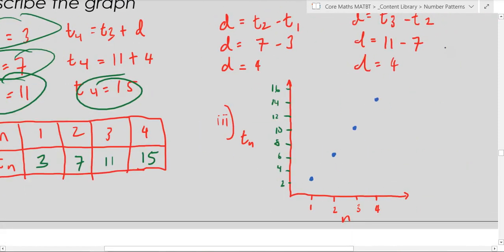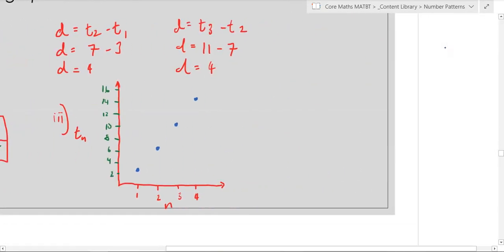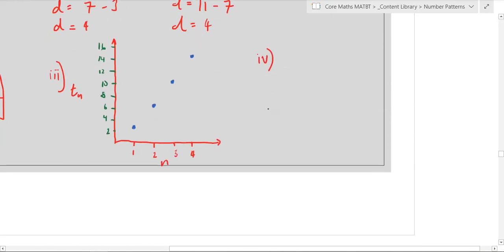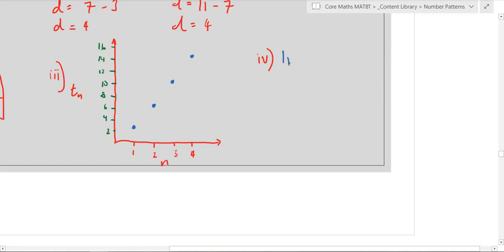Part 4 is describe the graph. So now we're going to describe this graph. In terms of describing this graph, because it is arithmetic, generally what you will have to state is that the graph is linear, going in a positive direction.